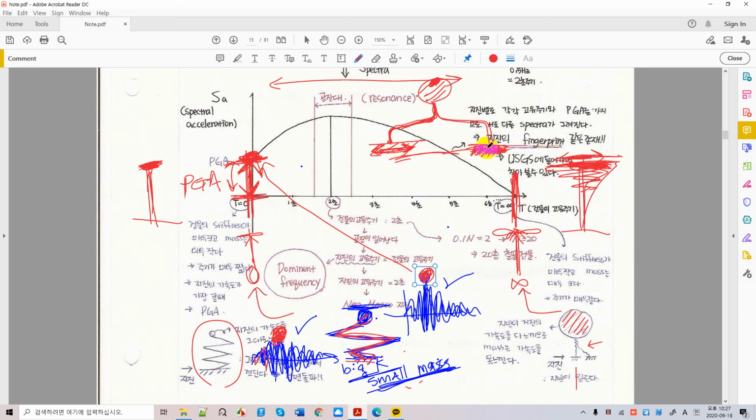But this is an extreme case anyway. It will not happen in reality. As I said, this is one far end, one extreme case. What happens when your building is extremely flexible with an infinite period? Then you don't feel anything. You understand? So this is the totally opposite case to the one you saw earlier.